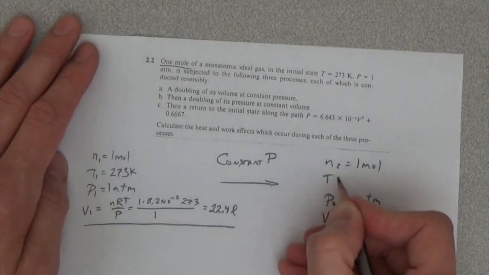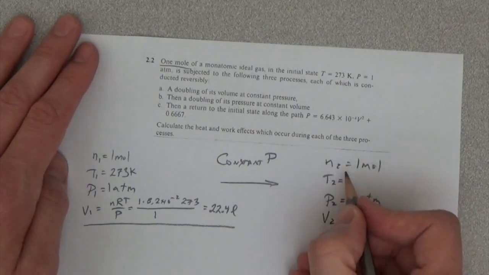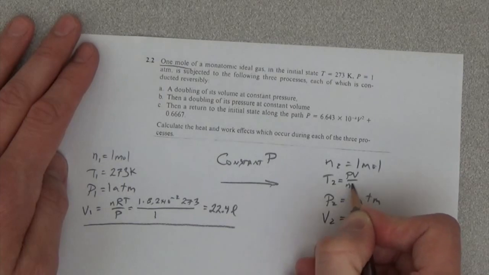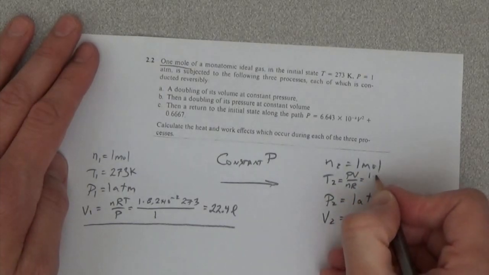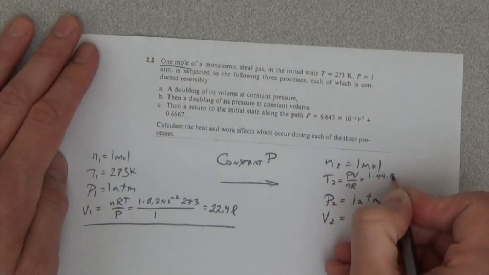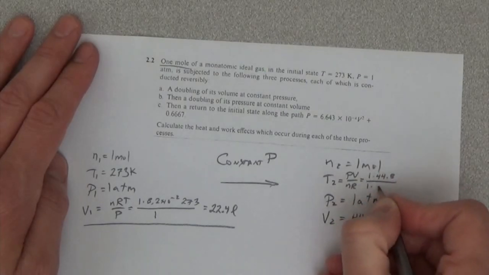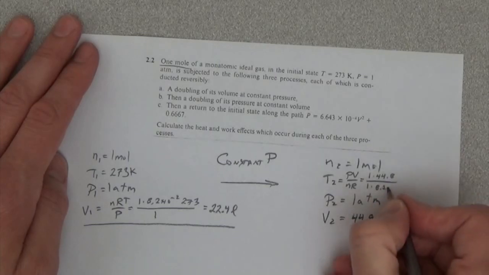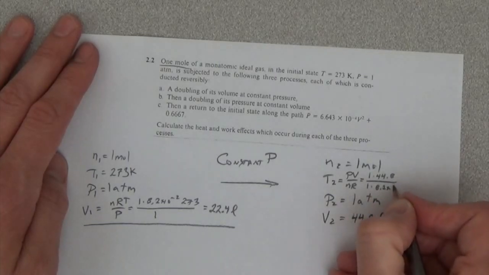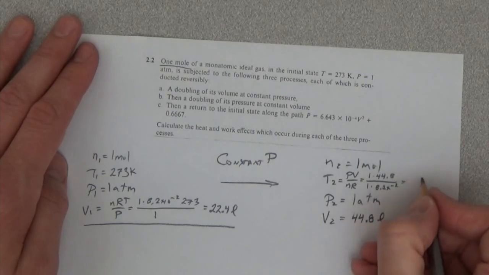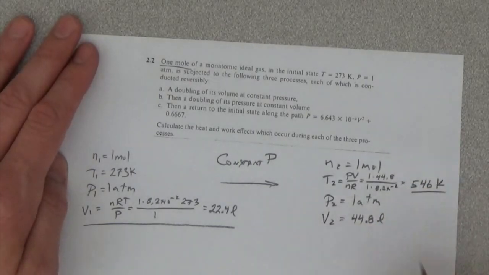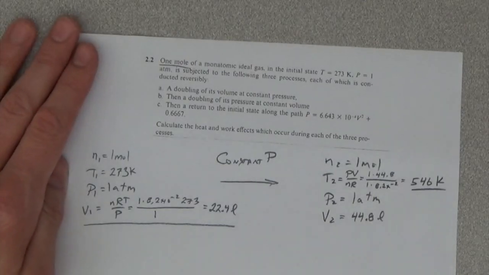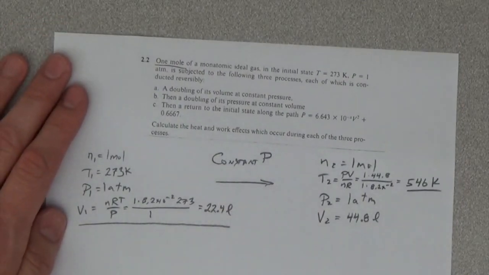So now T2 is equal to PV over nR, which is 1 times 44.8 divided by 1 times 8.2 times 10 to the minus 2, equal to 546 K. Okay, and we're supposed to find the heat and the work.